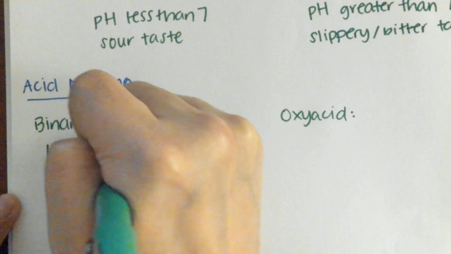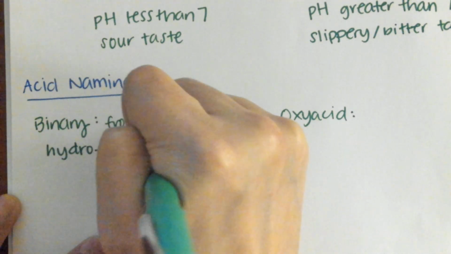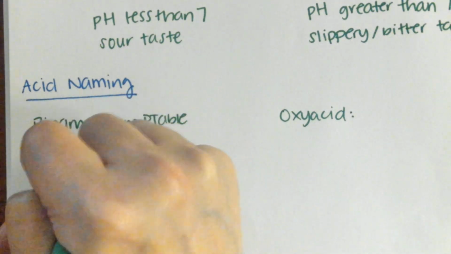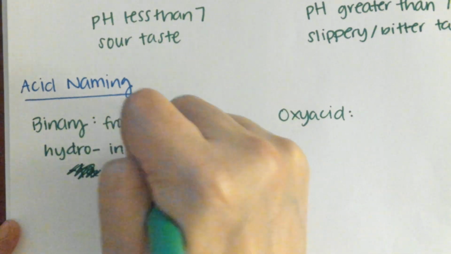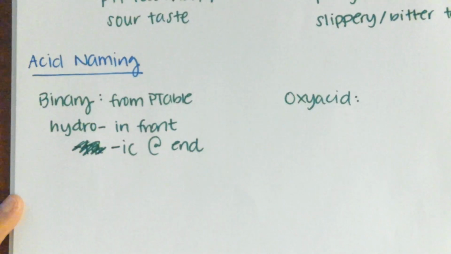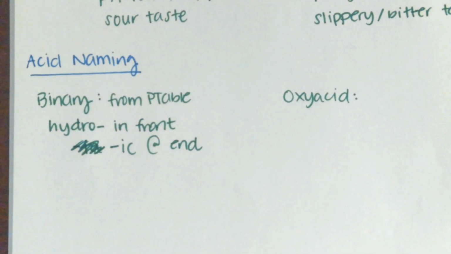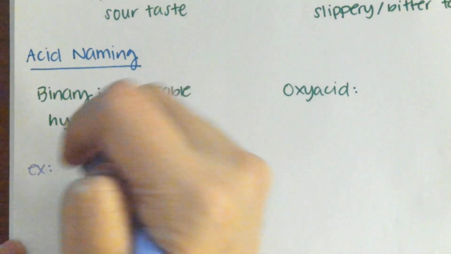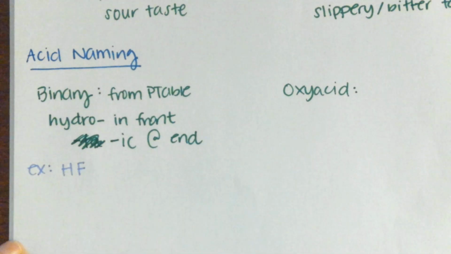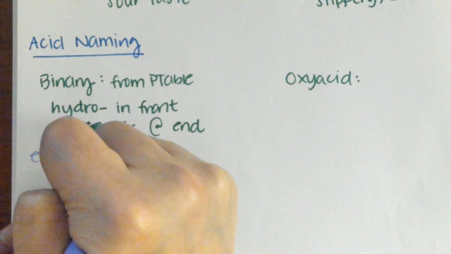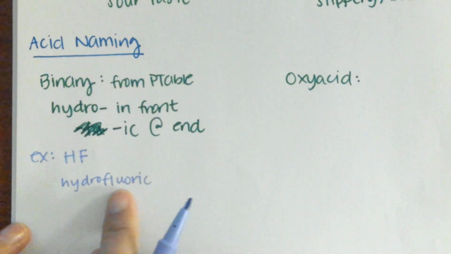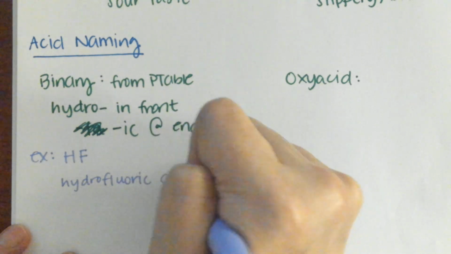Another thing to consider is that they always have hydro in front, and then we also have -ic at the end. So for example, I have HF. The name for that is hydrofluoric acid, because F is fluorine, so that changed to fluoric.